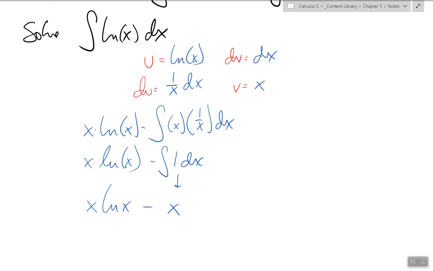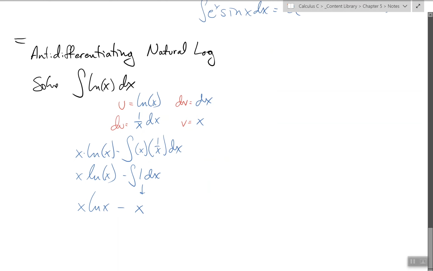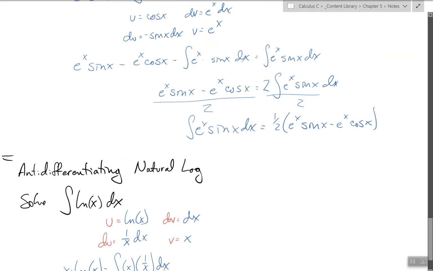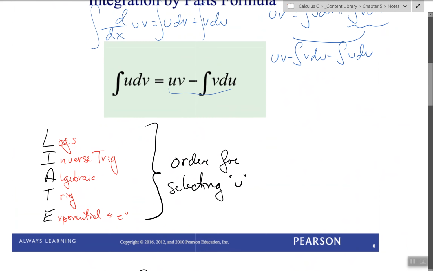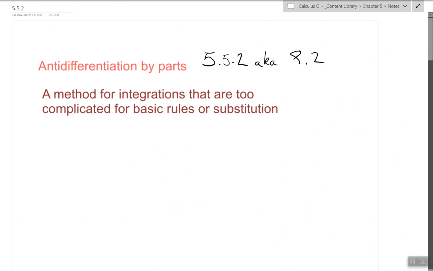There might be a few problems like that in the book, so I would encourage you, if it's not part of the homework, to try that. Otherwise, this, again, is the most challenging of the anti-differentiation processes, so this might take some time to get good at.